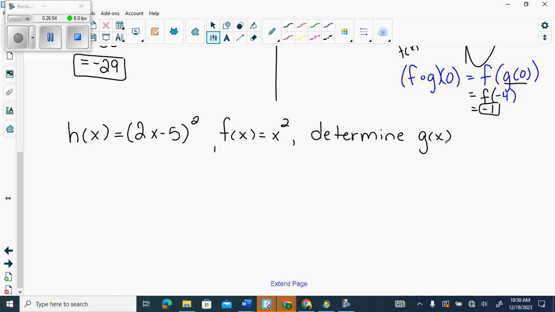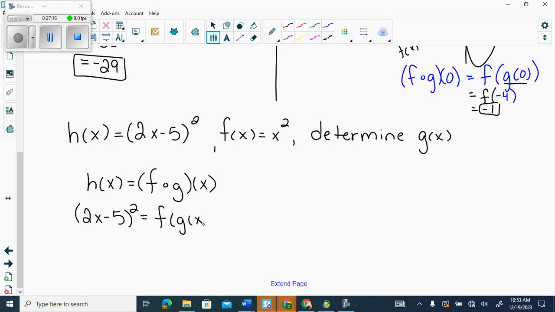Given h of x equals f of g of x. So here I fill in my h of x. I have 2x minus 5 squared. And then this f of g of x is just the same as writing f of g of x. And what does that mean? That means I'm going to put g of x, which I don't know what that is, in for f.